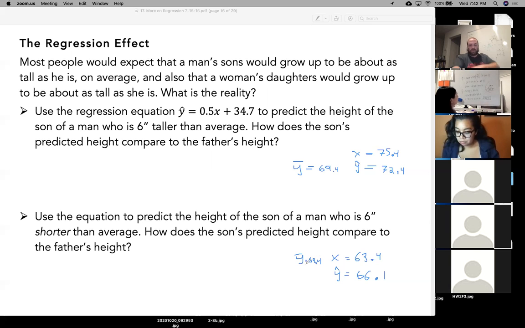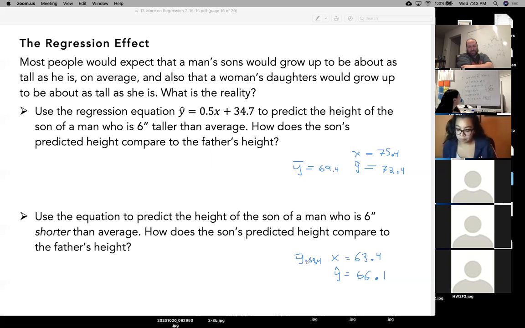Technically, our line is 0.5x plus y, plus the height. So the 0.5 means you're going up and across half. If you're increasing or decreasing by 6, the result's going to be half of that, which is 3. 100%, there's no question about that, but that's not what I was talking about.